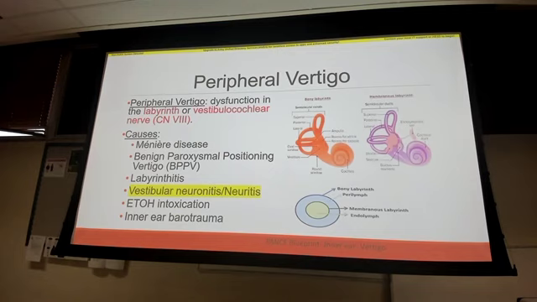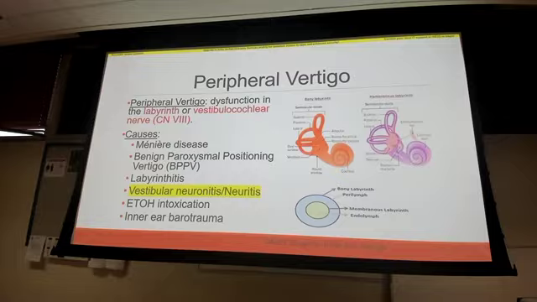Causes, so when you think about causes for peripheral vertigo, think about these as our differential diagnosis or our primary diagnosis. So what is causing the peripheral vertigo? It can be Meniere's disease, we'll talk about that, BPPV, labyrinthitis. So this is a correction on your slide. Vestibular neuronitis and vestibular neuritis.